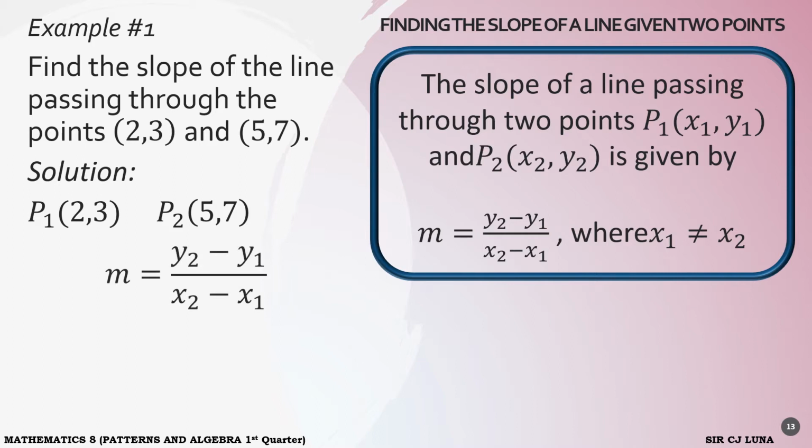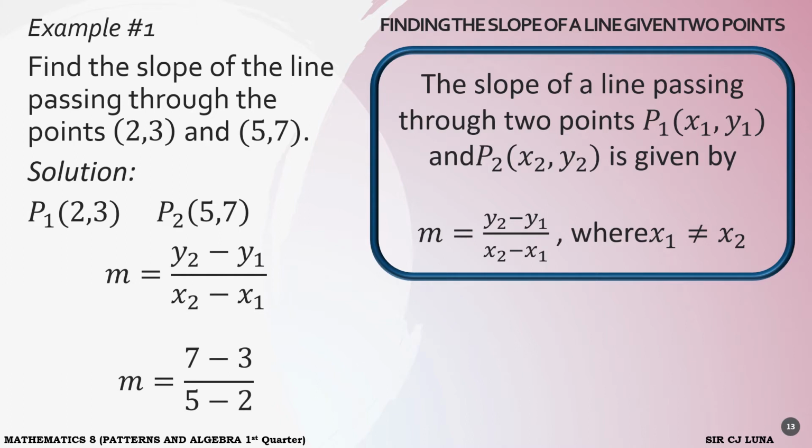We have this formula. Y sub 2 minus y sub 1 all over x sub 2 minus x sub 1. So for the numerator, we will find the difference of our y coordinates. And for the denominator, we will find the difference of the x coordinate. Y sub 2 is equal to 7, and then y sub 1 is equal to 3.